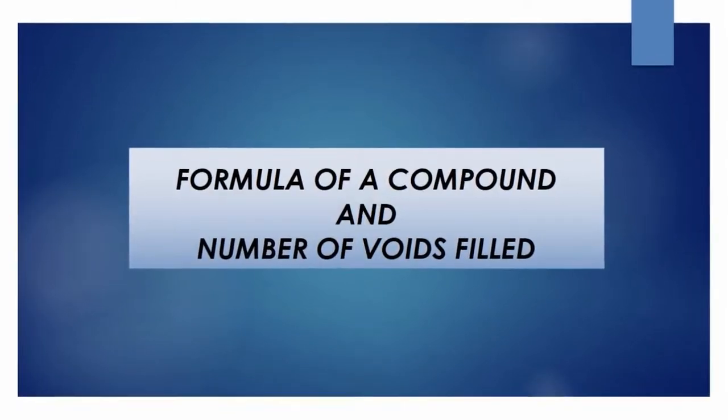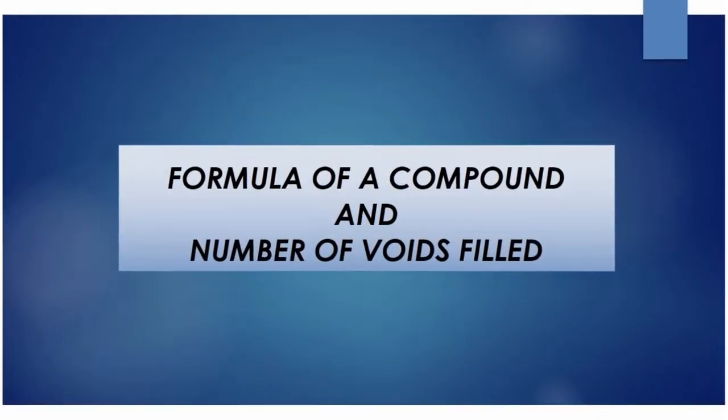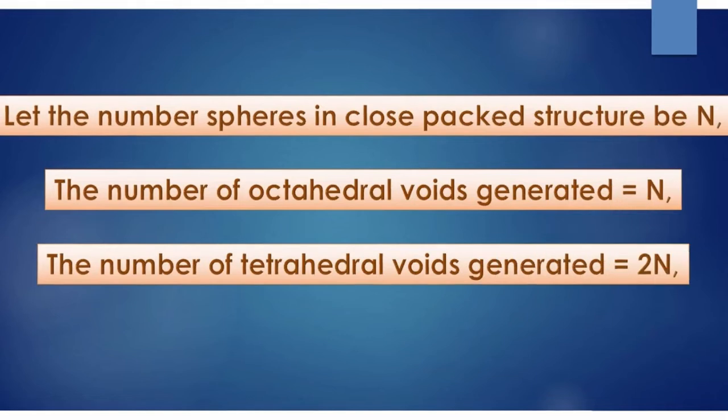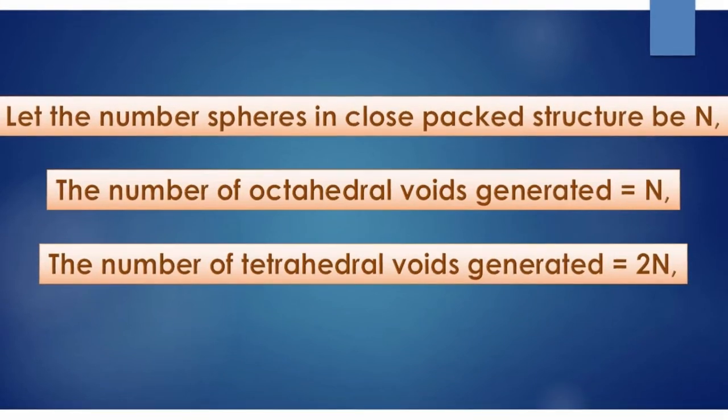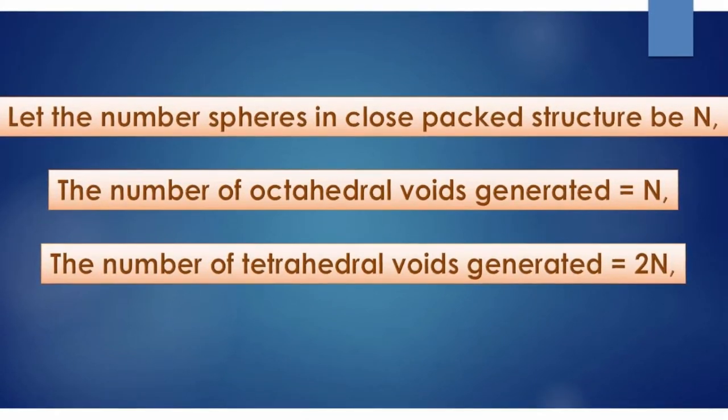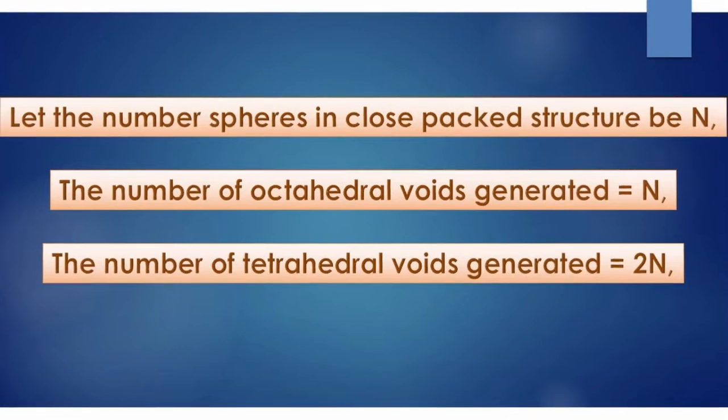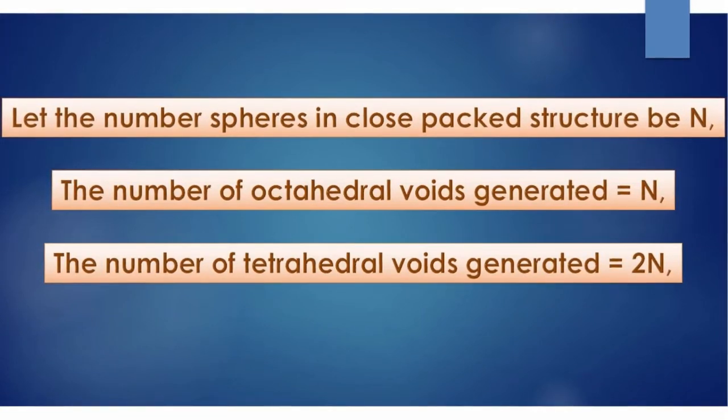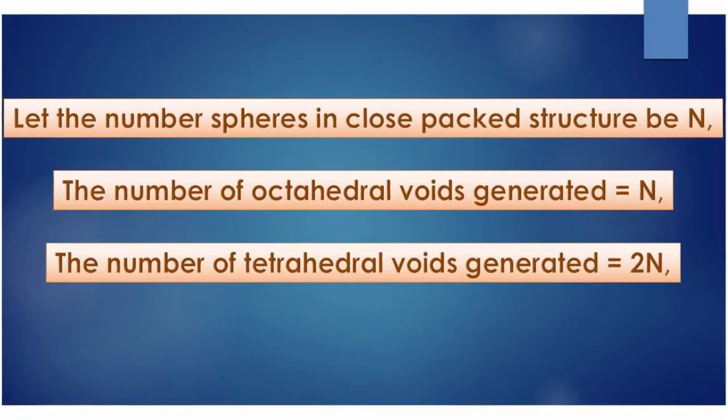Formula of a compound and number of voids filled. It is found that the number of voids present in a closed packed structure depends upon the number of spheres or atoms present in it.